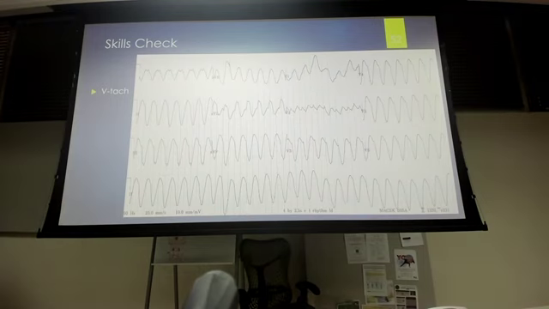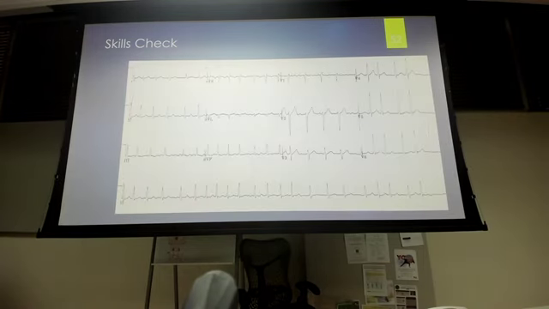All right, what about Collins? Okay, sir, same thing. We know it's fast. Is it regular or irregular? Wide or narrow? Narrow. So irregular and narrow, what are our differentials?